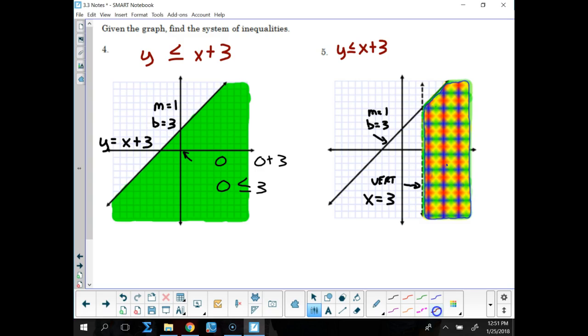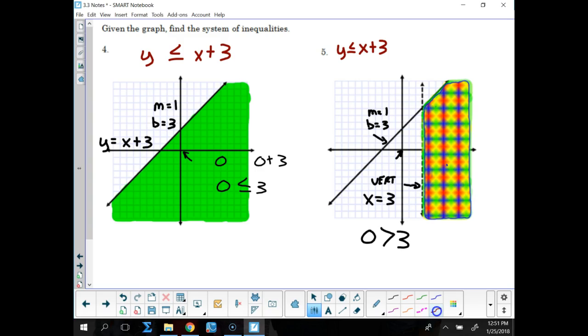Okay. If I put in my test point of the origin, I need that to be a false statement. Okay? I need that to be a false statement because my test point is right there, and that is not in the shaded area. So it's dashed, so that one's going to be that.